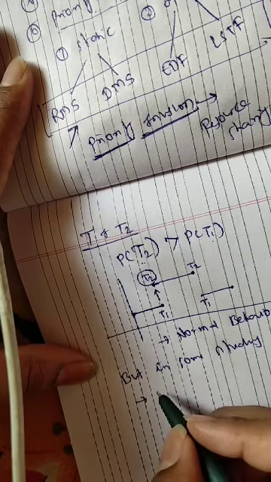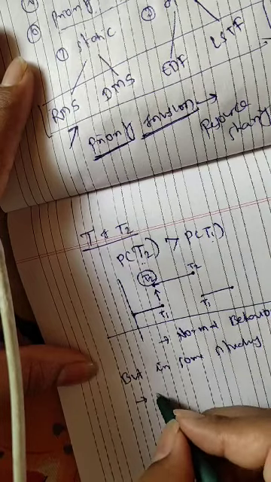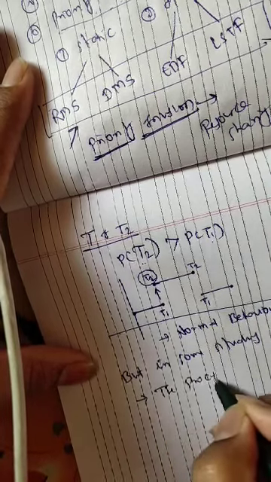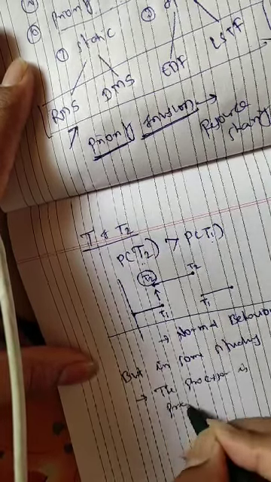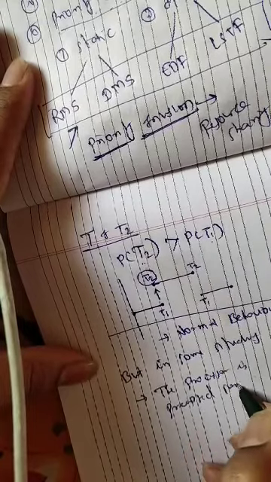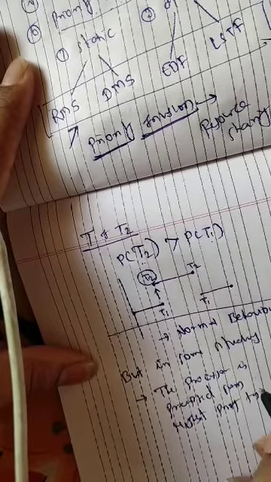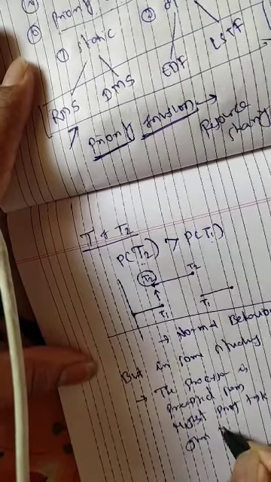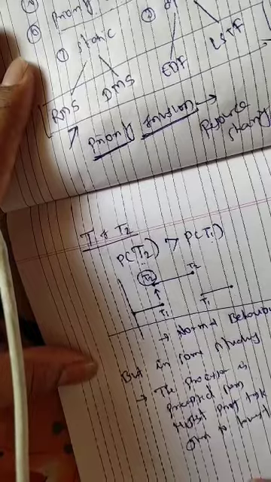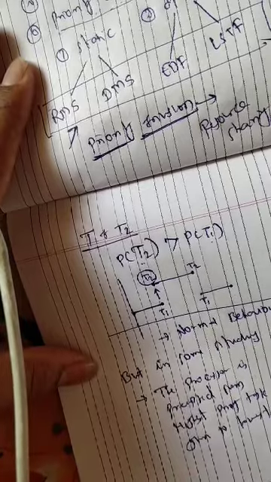That is, the processor is preempted from the highest priority task and given to the lowest priority task.